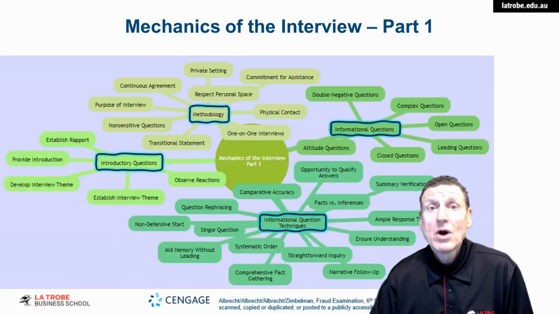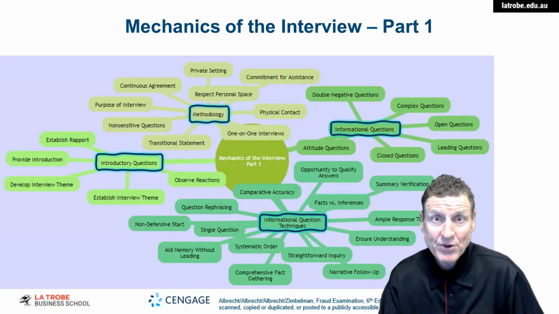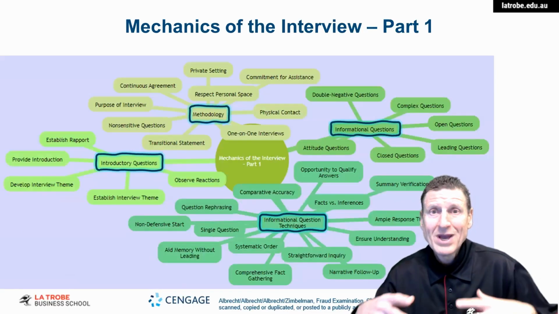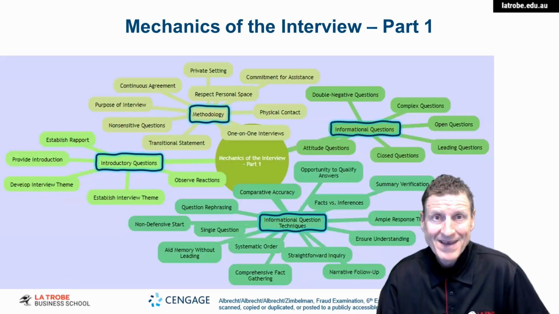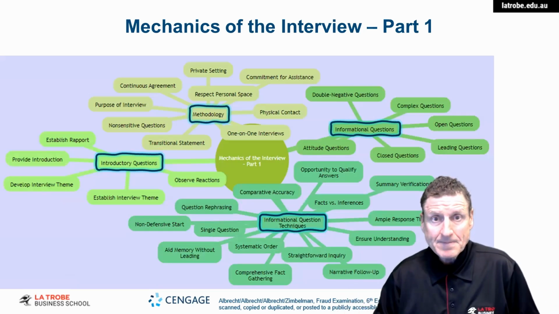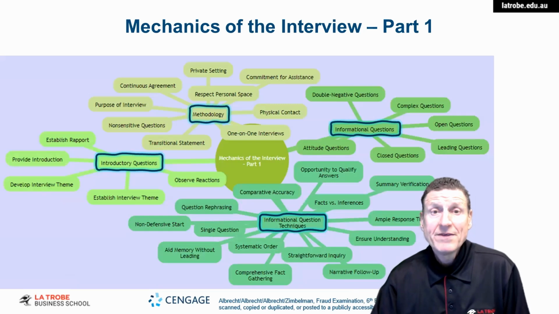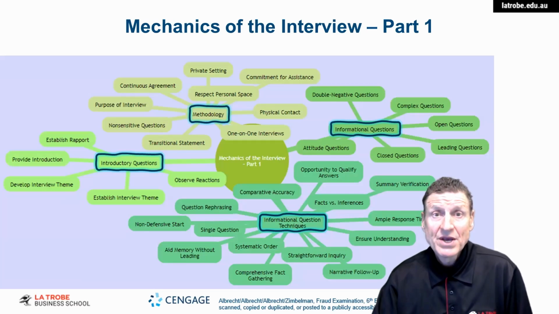All right. So the mechanics of the interview part 1 is where we're really trying to start off that interview. Let's begin with the methodology of the interview. That's where you probably need to think about the personal space and the physical contact.